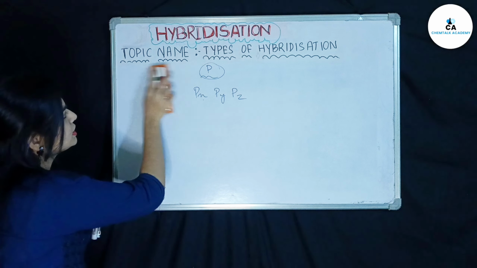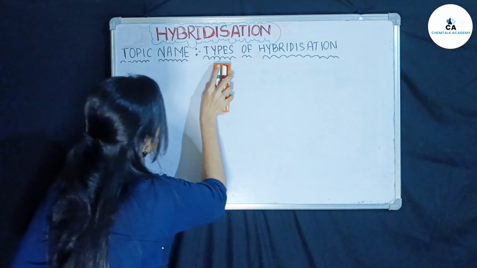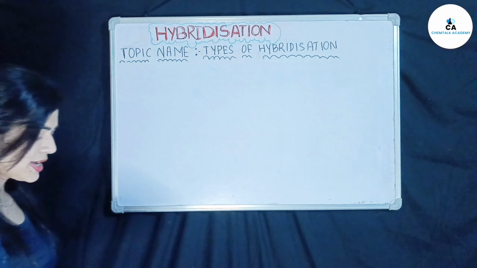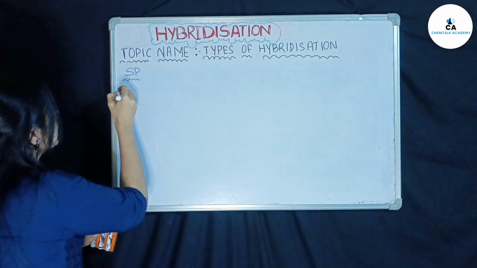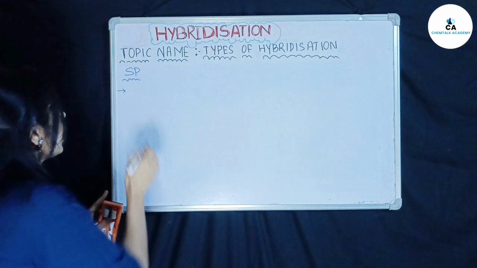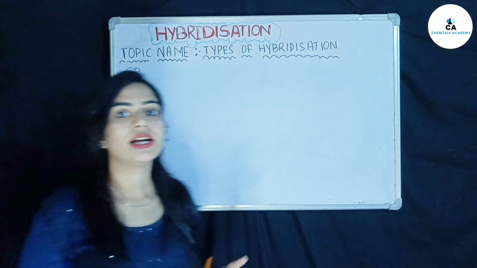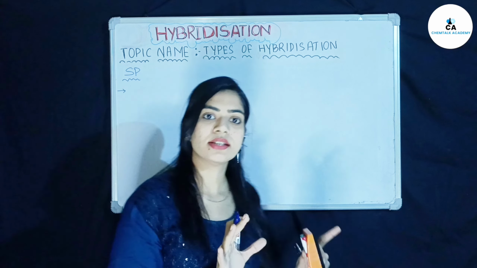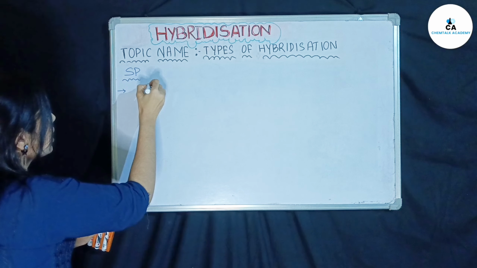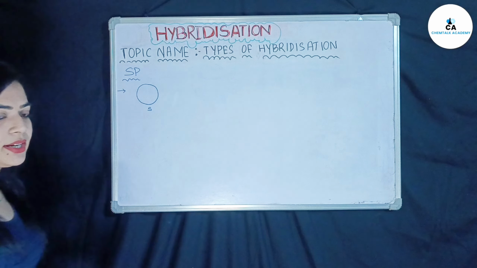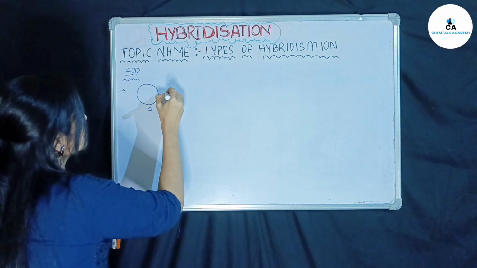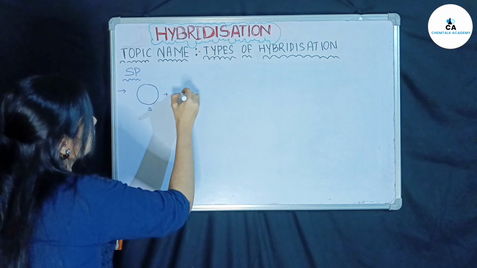Let's start. The first hybridization we will see is sp hybridization. One s orbital, whose shape we know is spherical, intermixes with one p orbital.